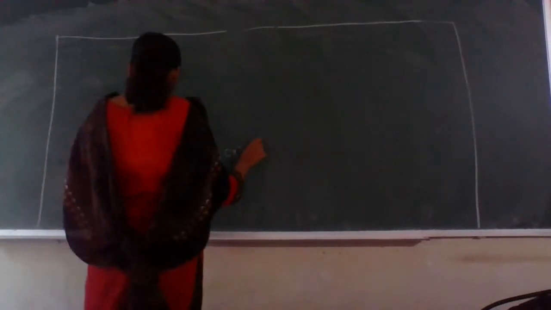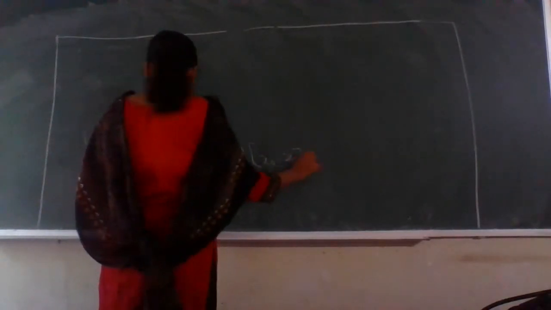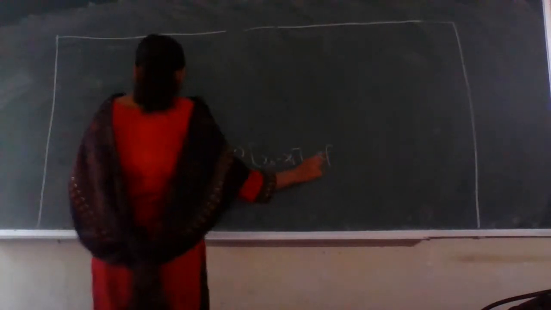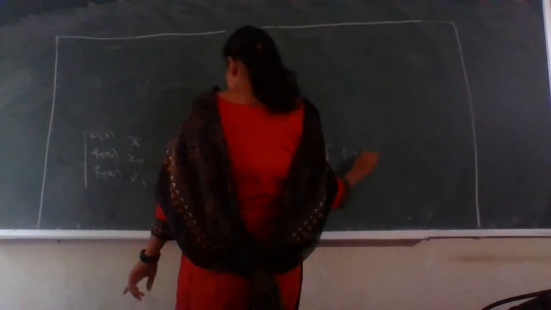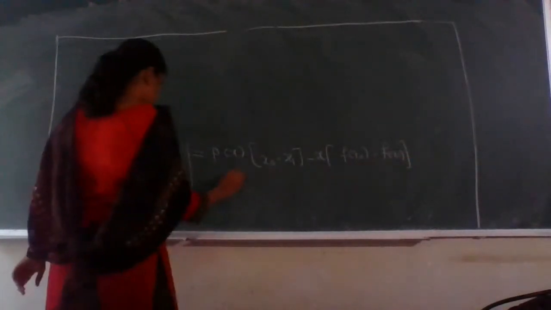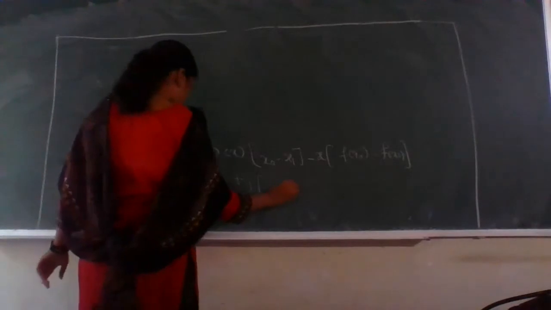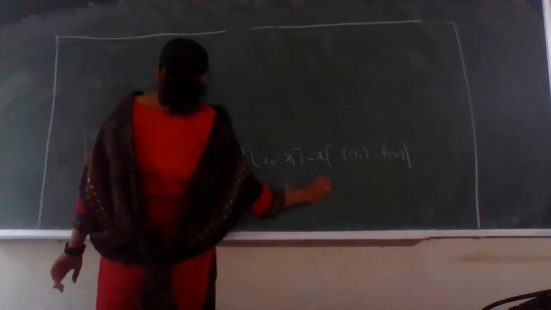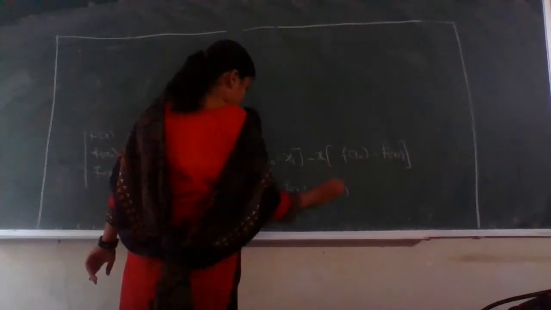Okay, so let me solve this. This is equal to p of x. Let me solve this determinant. This is x naught minus x1, minus x as it is. This is f of x naught minus f of x1, plus next is 1 as it is, x1 f of x naught minus f of x1 into x naught.